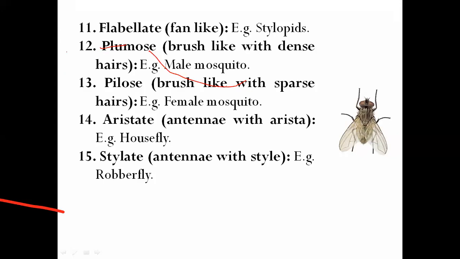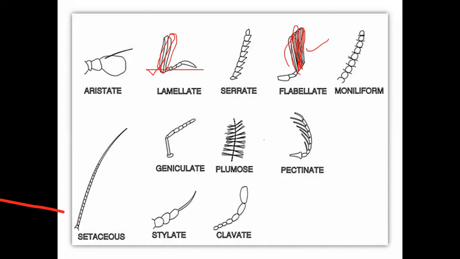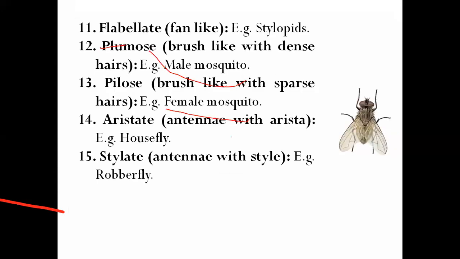That example is the female mosquito. Okay, here I am showing you plumose, each joint. Okay, and pilose not given. Sorry. Okay, but try to remember that in pilose there are sparse hairs present at the base, but in case of plumose there is dense hair.